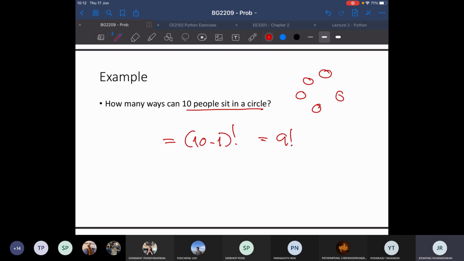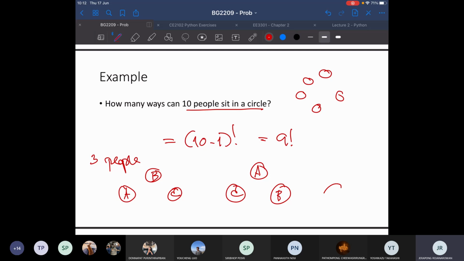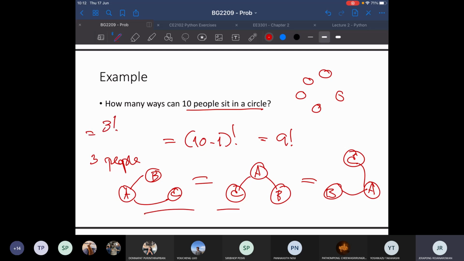Because you have to think about if you have 3 people, A, B, and C like this, and A, B, C like this, A, B, C, 3 of them here are the same, because if you think about A, on the left is B, on the right is C. They are all the same, right? Therefore, instead of having 3 factorial, you have to divide by 3, because they are duplications.